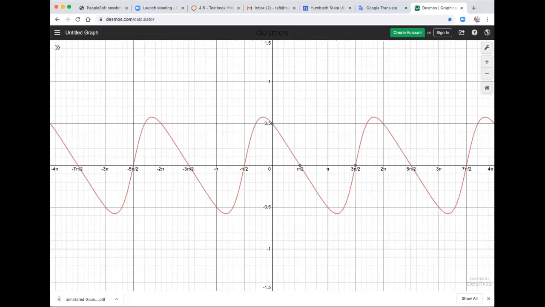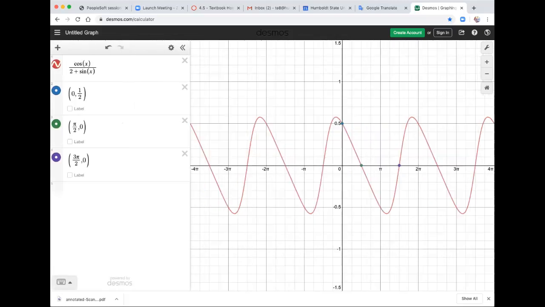Good. Okay, so here's the interval from 0 to 2 pi. That's our one period. Nice. And you can see the thing just repeats. So analyzing this everywhere, where did we say the local extrema were? There was a local extrema at 7 pi over 6, if I recall correctly.